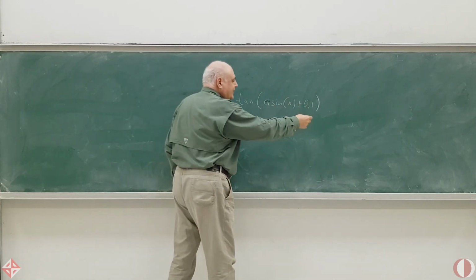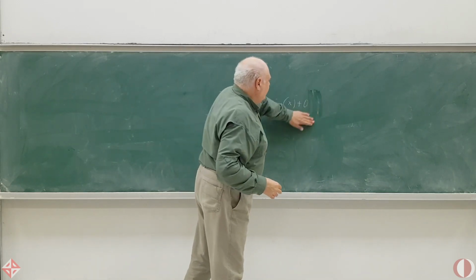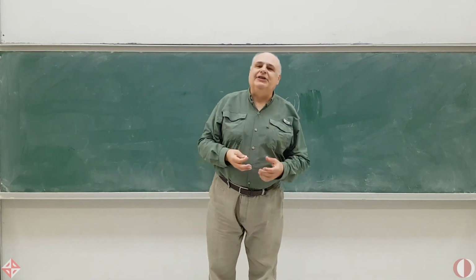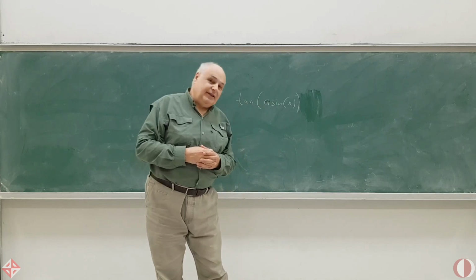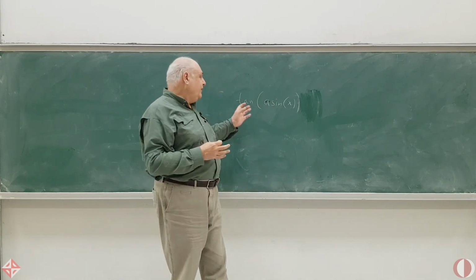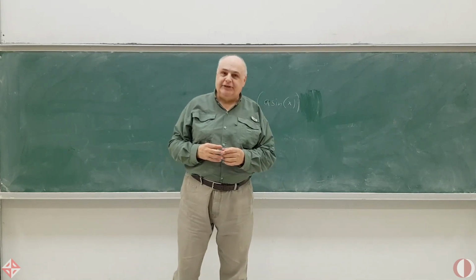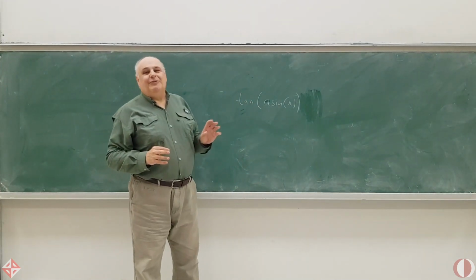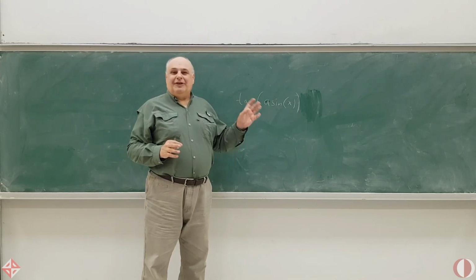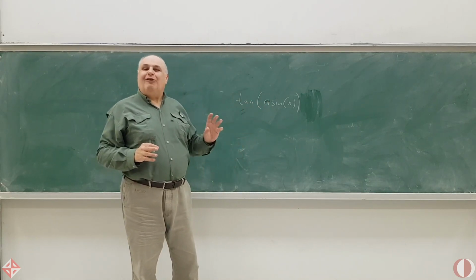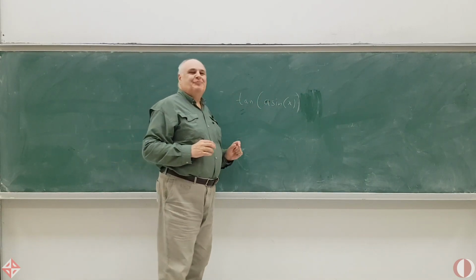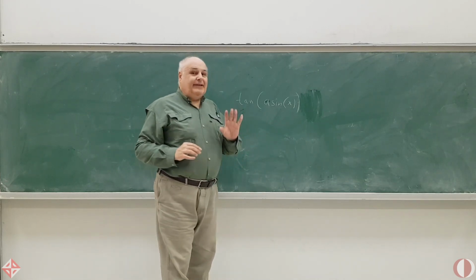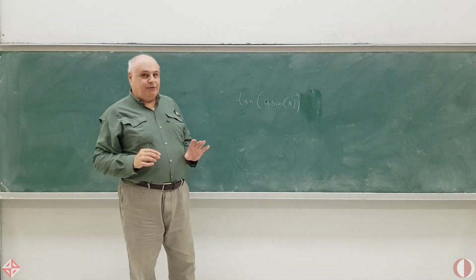Even if I don't have this, this is not a function that takes as an argument another function. This is functional composition. You know this. Those that come from the Turkish system, you will know this as fog and gof. Remember? Functional composition. That is not what we are talking about today.